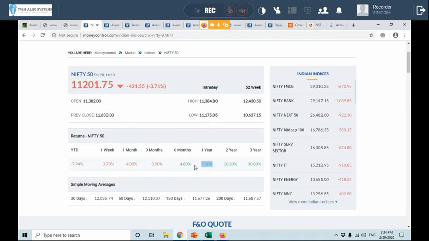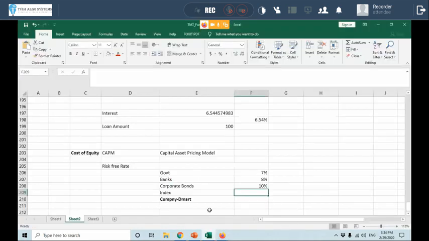Nifty will give you 16% on an average, 16 to 18%. The other method to find is take 1 year price, take current price, take 1 year ago price and divide, you will get the returns. But obviously now because of this last 7 days, your returns will be way off. But on an average, your index is giving 16% returns.